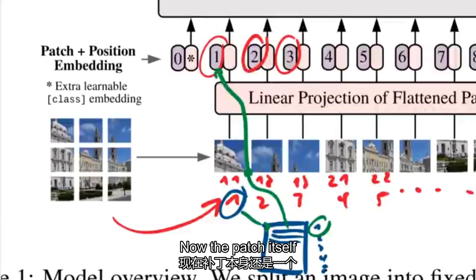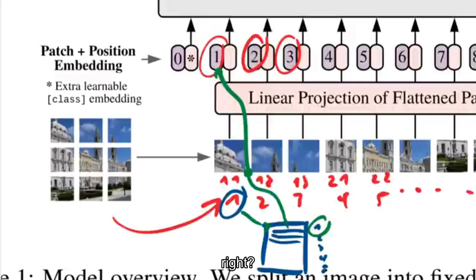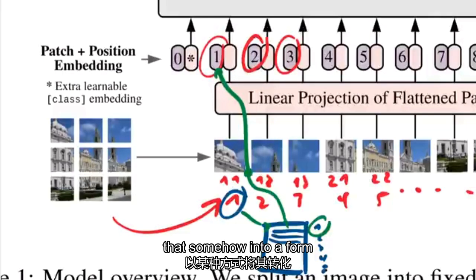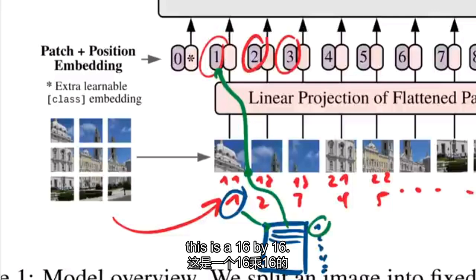Now, the patch itself is still a small image, right? It's a 16 by 16 image. So you have to get that somehow into a form where the transformer can understand it. One way of doing it, of course, is simply to unroll it and say, gee, this is a 16 by 16. What's 16 by 16? It's like 256.